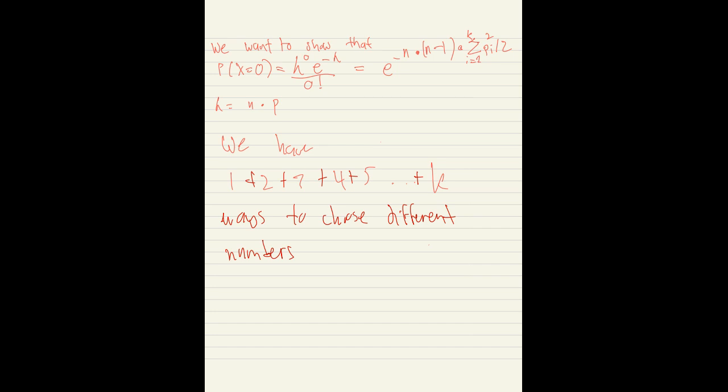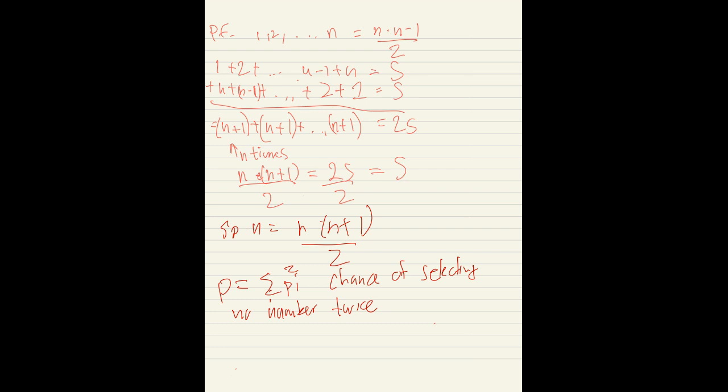So for the possibilities of n, basically use the fact that 1 plus 2 plus ... n is equal to n times (n minus 1) over 2. And p is equal to pi squared.